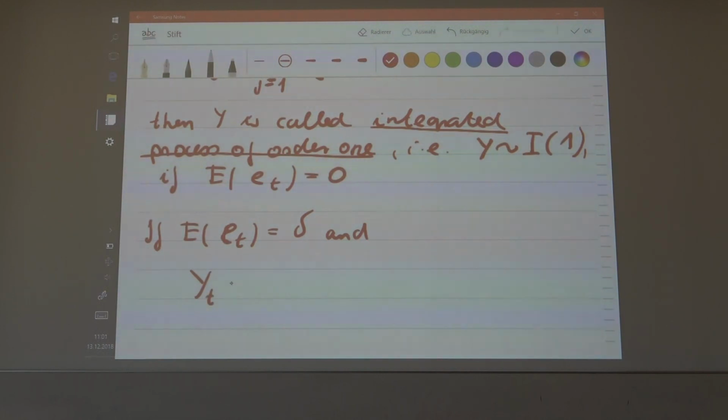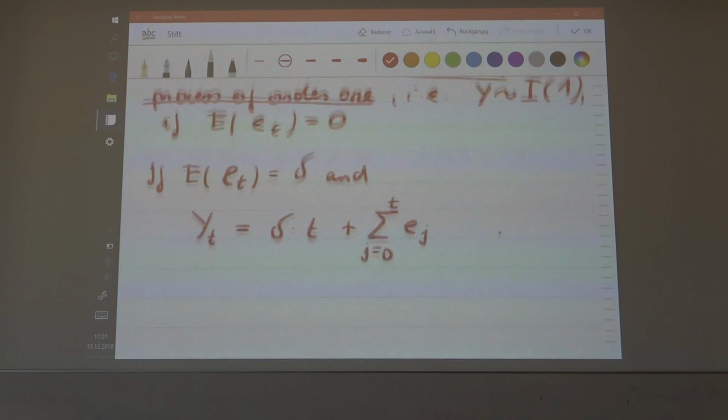In that case, this is going to be equal to delta times t, as in the previous section, plus the sum of these stationary integrated of order 0 processes, so you have the observations when j is equal to 0 to t, just as this has been the case for the random walk.